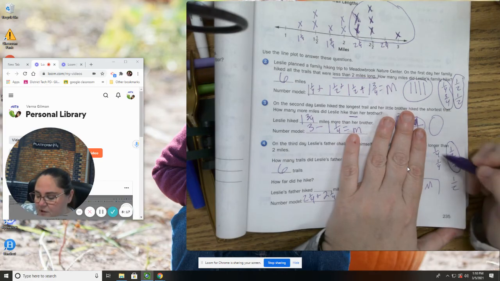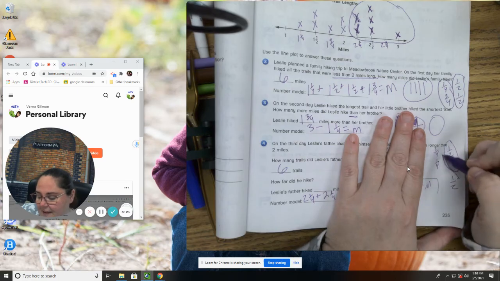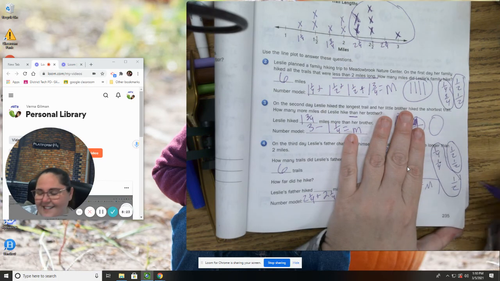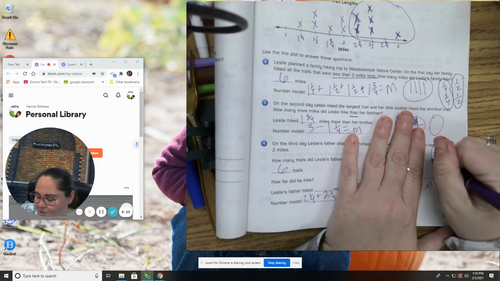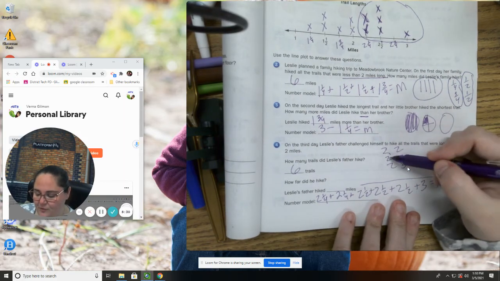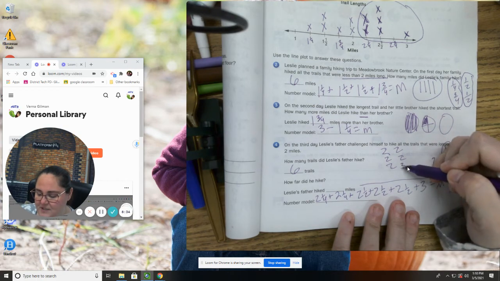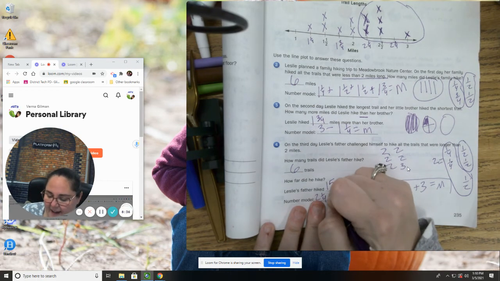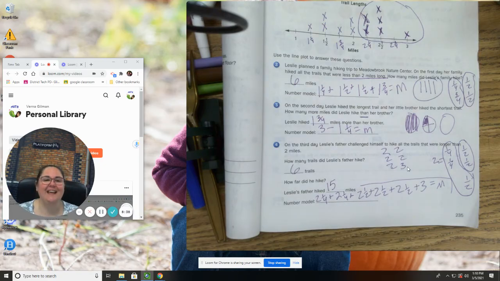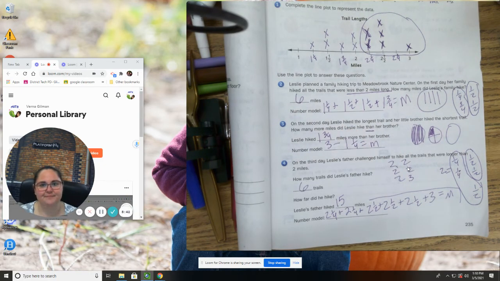I know that 1/4 plus 1/4 is half, plus another half is a whole. So that's 2 wholes. Now let's add 2, 4, 6, 8, 10, 11, 12, 13, 14, 15. He hiked 15 miles. That's how you do that question.